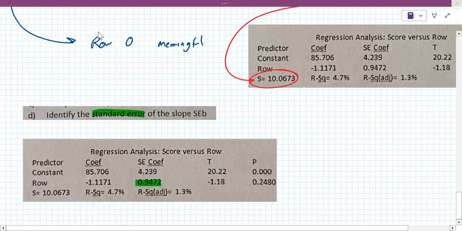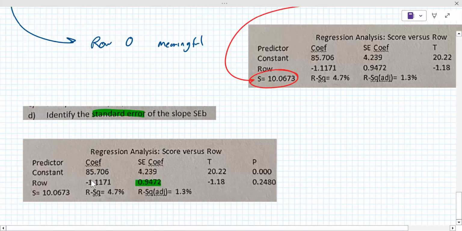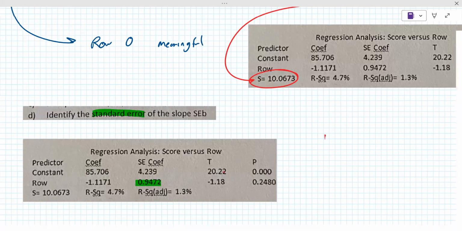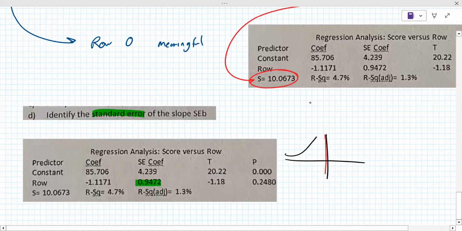I don't know if you've seen this in class, but the coefficient is what we talked about, and the standard error is what we just talked about. The t value is the division of these two numbers: 85.706 divided by 4 gets you to the 20. The p value comes from the t value, using the distribution: there's 20, how much area is to the right?